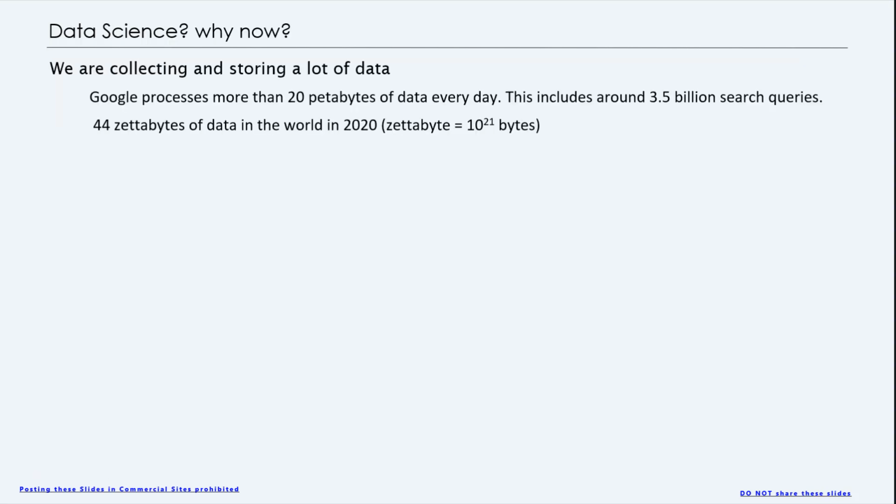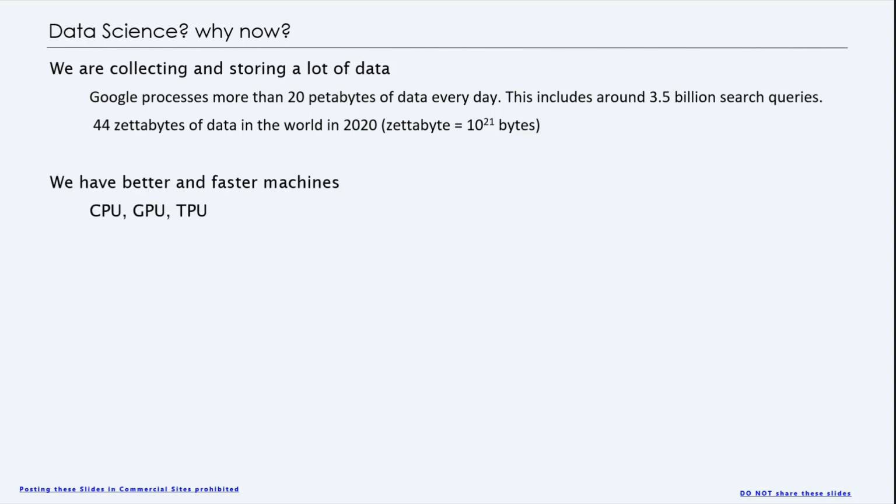So data science, why now? We are collecting and storing a lot of data. For example, Google processes more than 20 petabytes of data every day. That's around 3.5 billion search queries and 44 zettabytes of data in the world in 2020. A zettabyte is 10 to the power 21, which is a fairly large number.